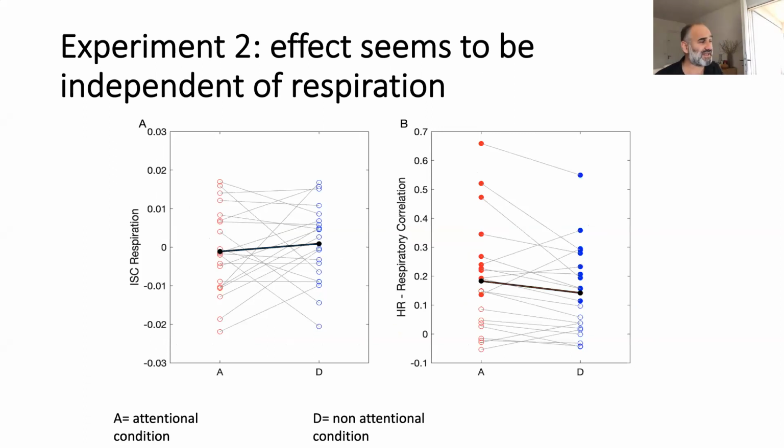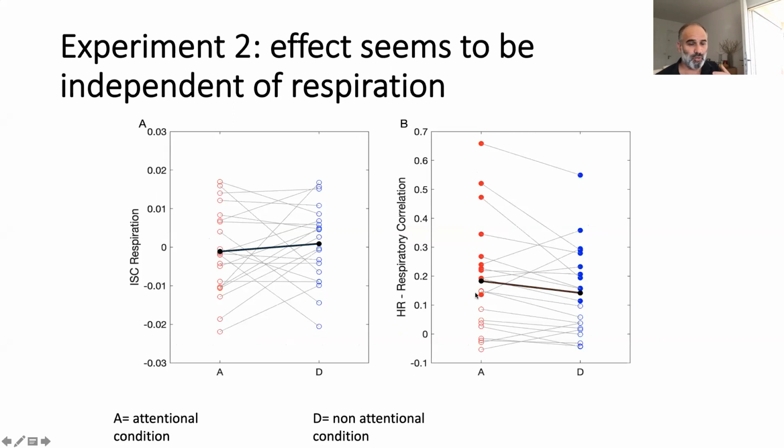We then checked whether this was related to the respiration, because we know that respiration can modulate, can train cardiac activity, and respiration can be modulated consciously. And in fact, if you do the same thing with respiration, you don't find a result. In fact, we were expecting to have a result because there is a heart rate respiratory correlation.